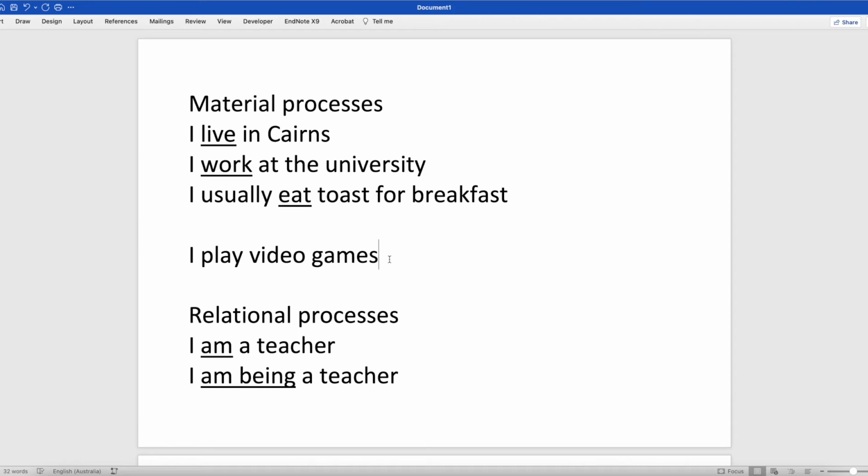For material processes, the default option is the present progressive. I'm not going to call it the present continuous because, as I mentioned, I'm not a fan of that label. So let's just call it the present progressive.